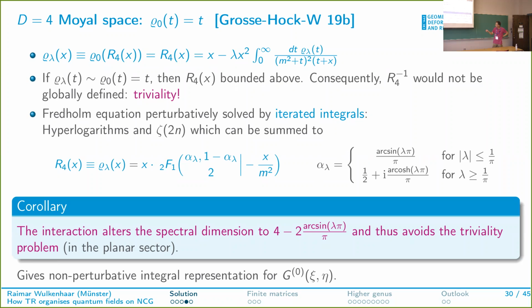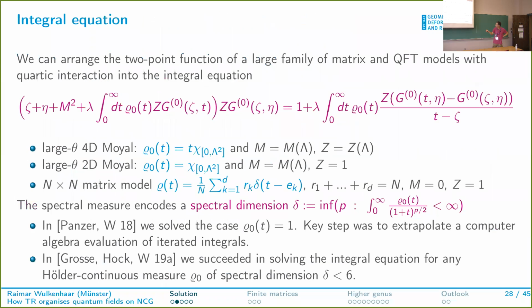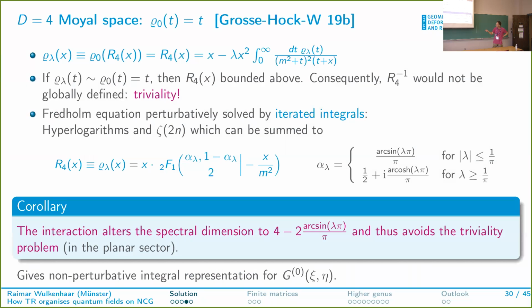And you know the effective behavior of the Gauss function. From that, we insert rho lambda to get an effective spectral dimension. And this effectively reduces the dimension to 4 minus twice arcsine of lambda pi over pi. So this was completely unexpected.